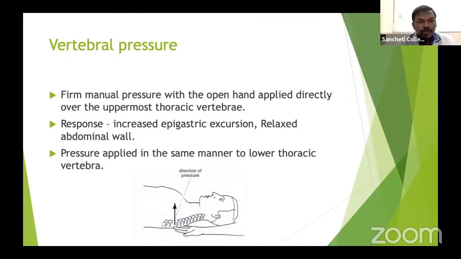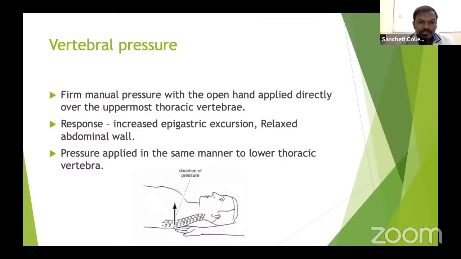Once you have applied this pressure to the uppermost thoracic vertebrae, the response you will get is increased epigastric excursion in this patient, as well as a relaxed abdominal wall. So this will help in increasing the epigastric excursion.